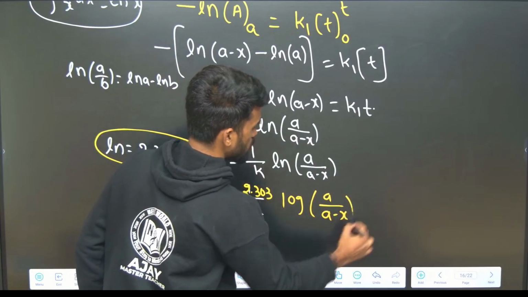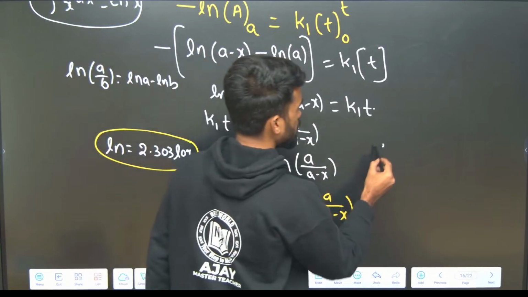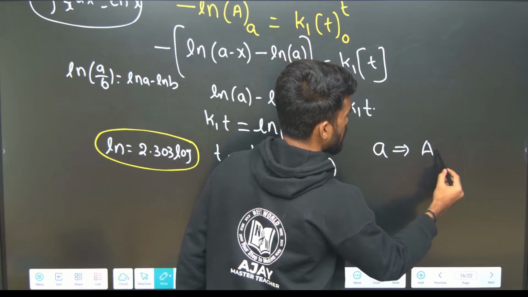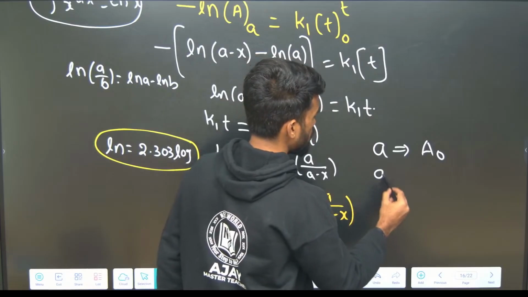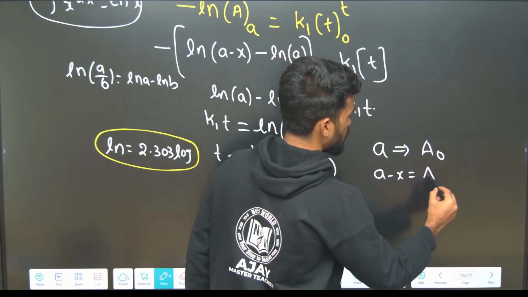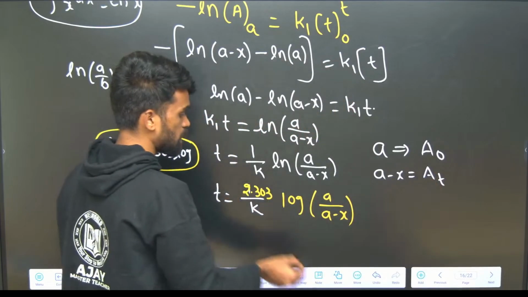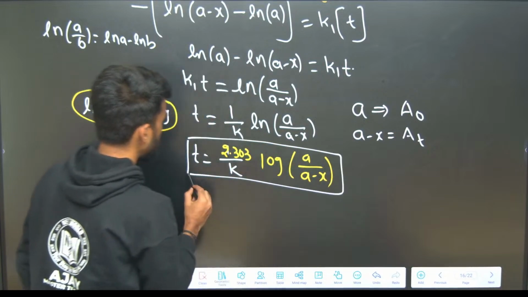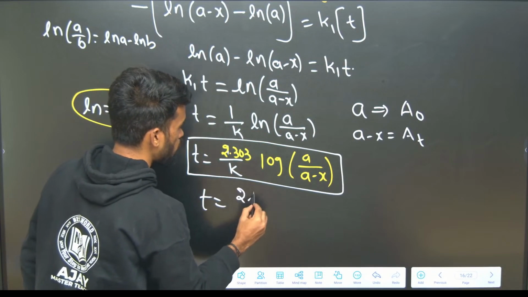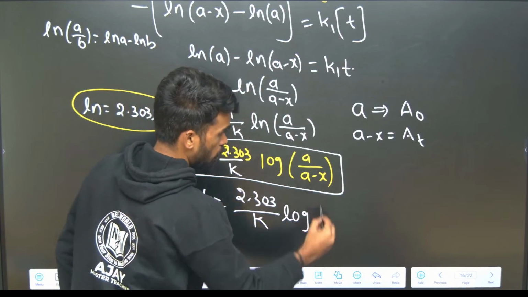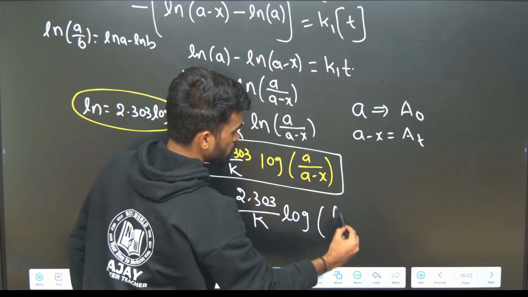See, a is the initial concentration, sometimes it is also indicated as a naught or c naught. And a minus x is the concentration of the reactant at time t, which is indicated as at. So this equation, sometimes it is also indicated in this manner: t equals 2.303 by k log of a naught by at.